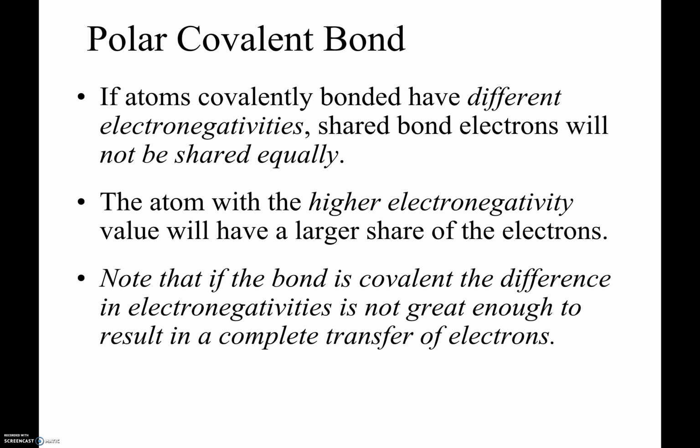An electron will be transferred, and now you have an anion and a cation, and an ionic bond between them. Here in OpenStax that threshold is 1.8, not 1.7, but it's a similar thing. So in a covalent bond, the electronegativity difference is still not great enough to result in a complete transfer of electrons.